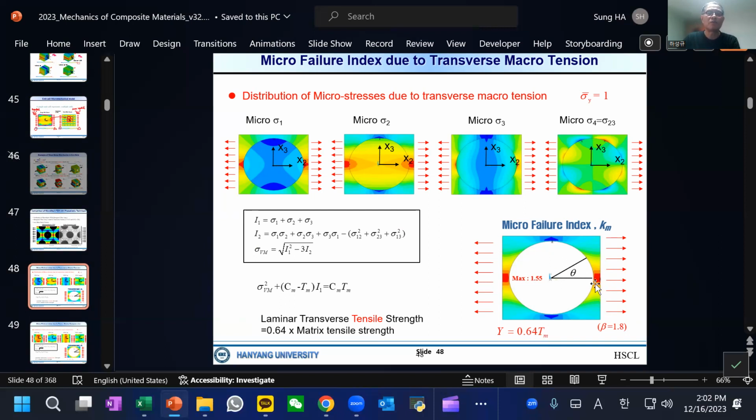Now, this is a very interesting observation on the transverse load. For the composite transverse tensile strength, theoretically, we can obtain 64% of the matrix strength. Why? Because there are stress concentrations.